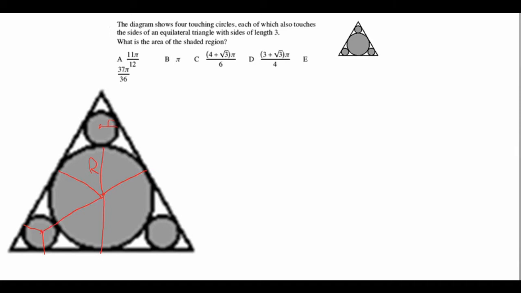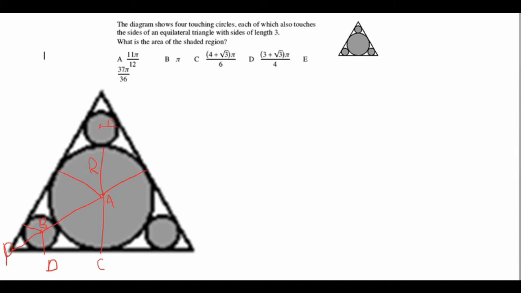And I am going to join this center here to one vertex of the equilateral triangle. So now, just for ease, I'm going to start labeling some of the points. I'm going to call this point here A, this point here B, this point here C, this point here D, and this point here P.